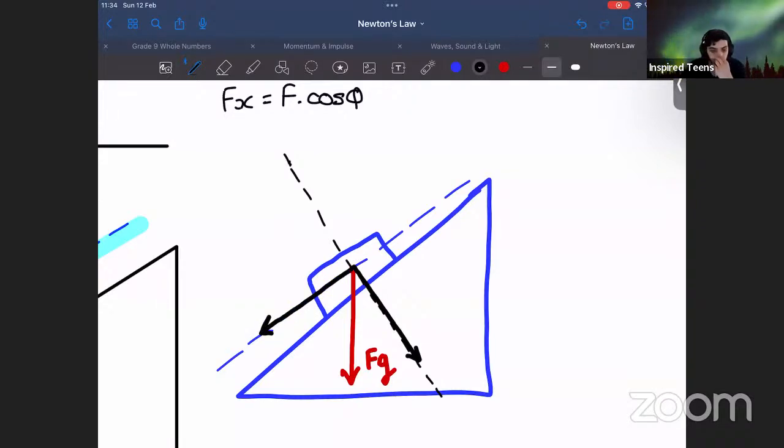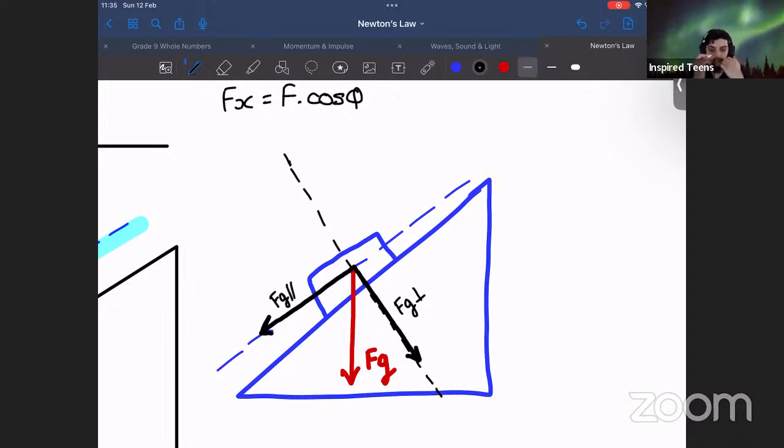Okay, so in that case, we have FGY. FGY will be on the y-axis, and FGX is going to be on the x-axis. FGY and FGX. Alternatively, we could call them FG perpendicular, or FG parallel.